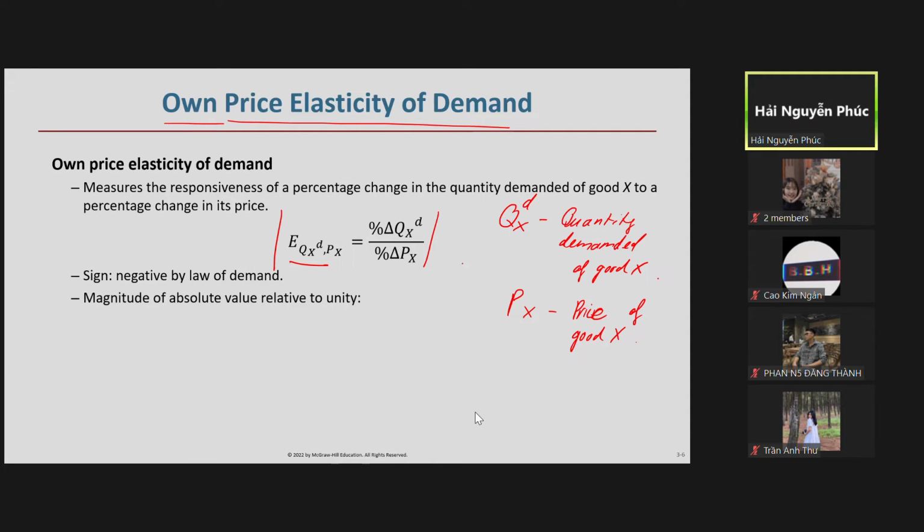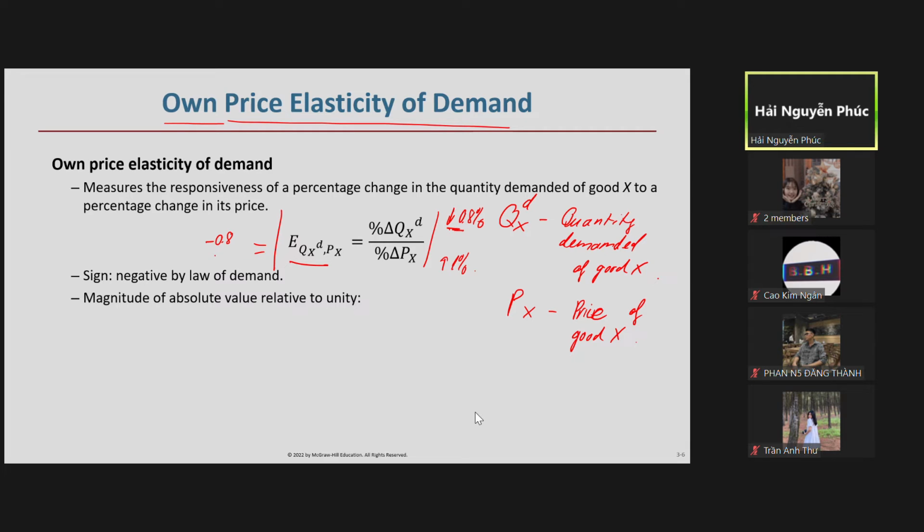All right, let's take an example. Suppose the price of good X increased by 1%. The quantity demanded for good X decreased by 0.8%. Then the price elasticity of demand of good X is going to be equal to minus 0.8. Pay attention to the sign: minus because we have a decrease.